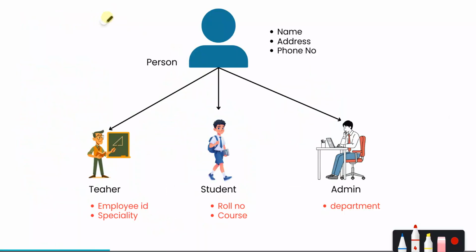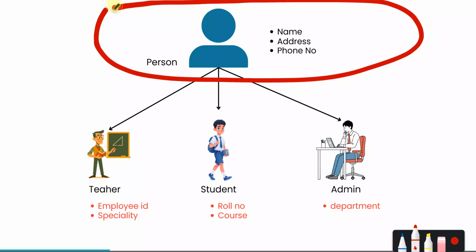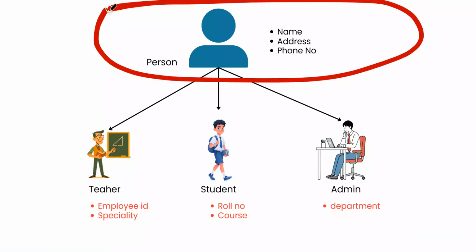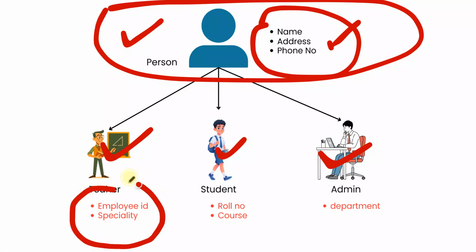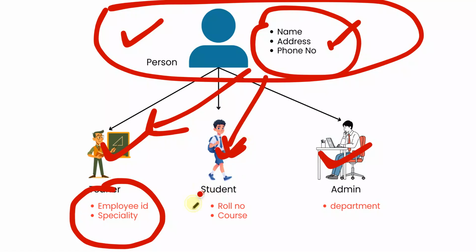So instead of repeating the data, we can go towards inheritance. We can create a single class with common data members and common functions, and after that we inherit the classes from it. The derived classes will have all the data members from the parent class, and they will also have some of their own data members.